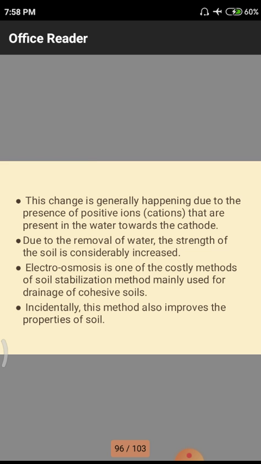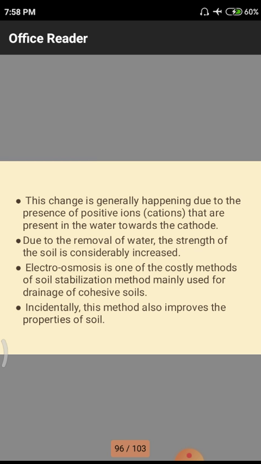But in case of electrical stabilization, we are directly giving some quantity of current to the structure, so that the structure will absorb those current and the total molecules will get charged. Due to those charges also, there may be some bond formation between the atoms and ions or metals present in the soil.